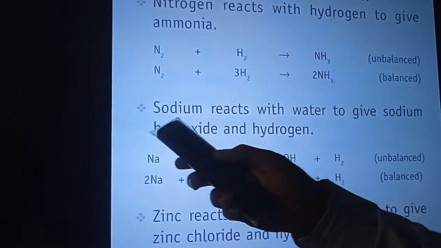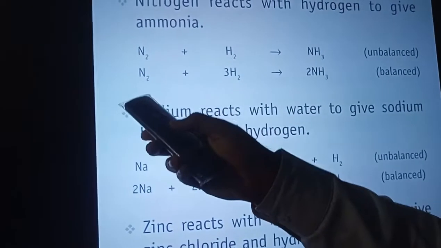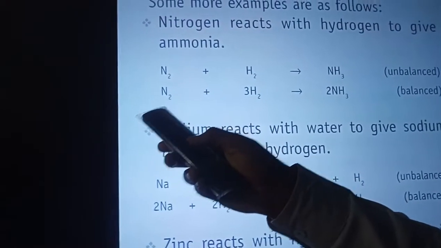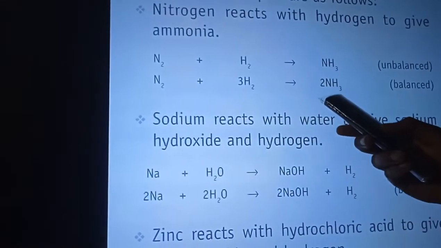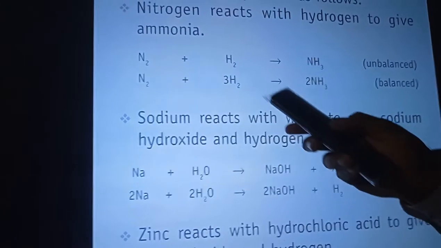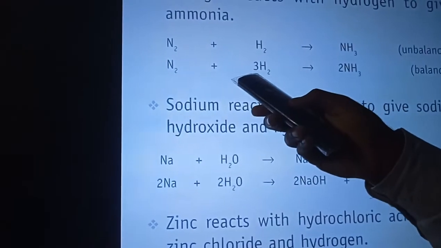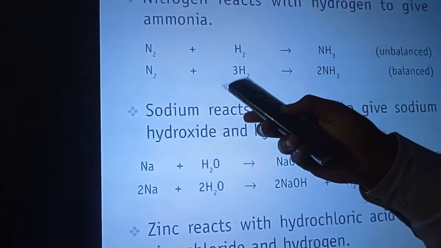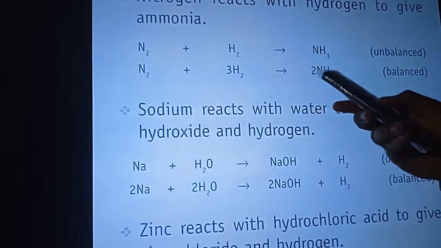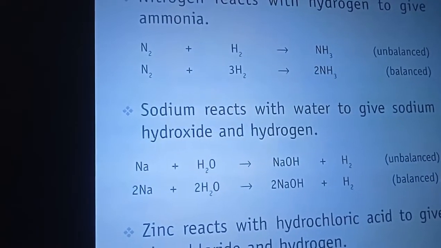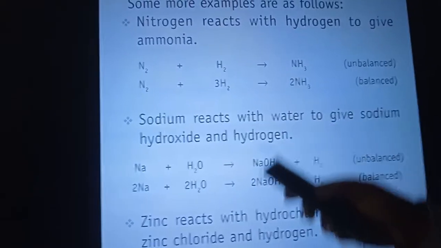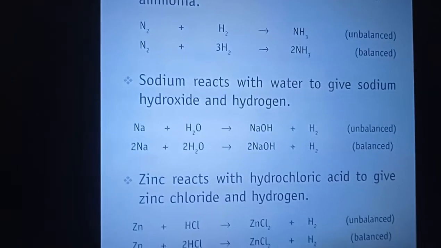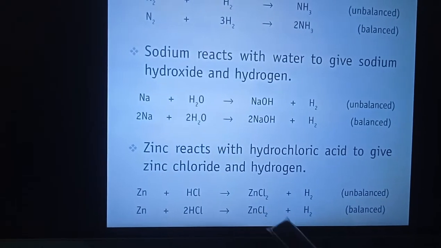In this way, there are 2 atoms of nitrogen on the reactant side as well as 2 on the product side. There are 3 times 2, that is 6, hydrogen atoms, and 6 hydrogen atoms are also present on the product side. The given examples continue in the same way.